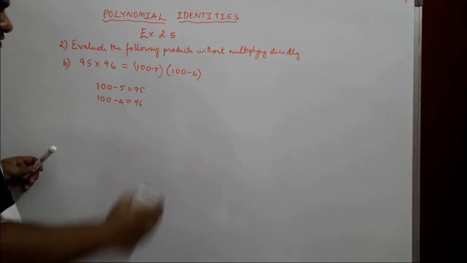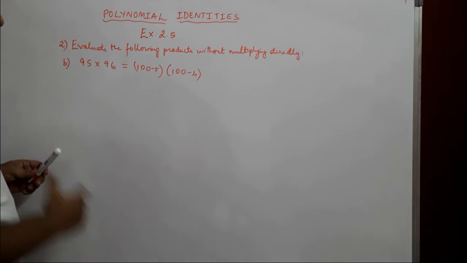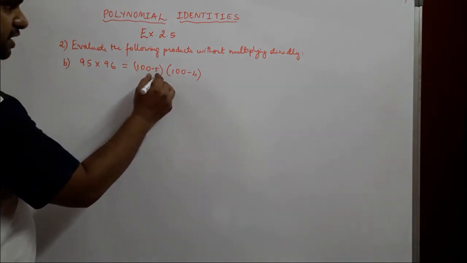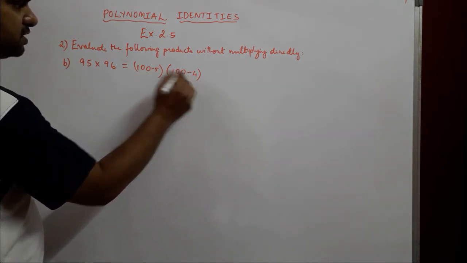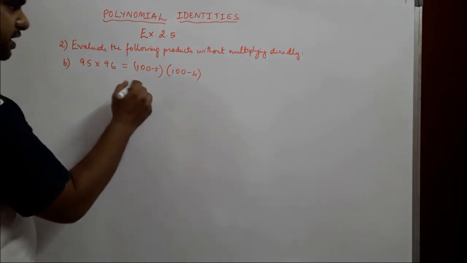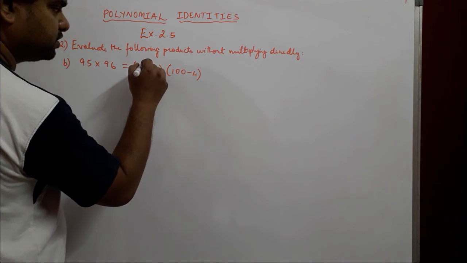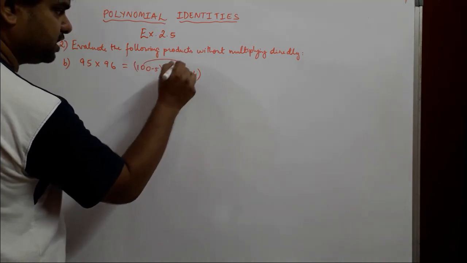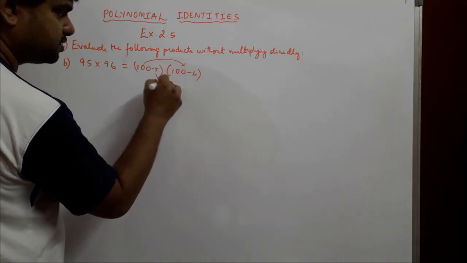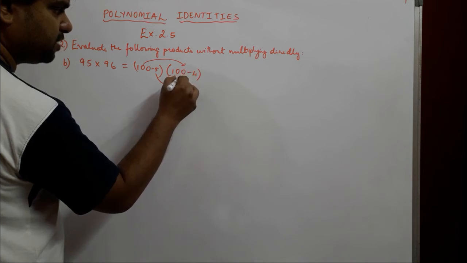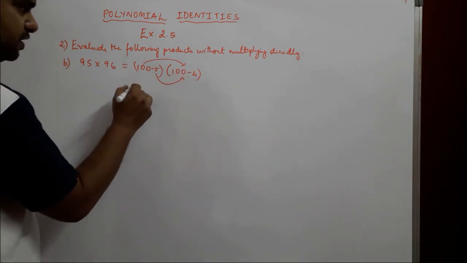Now this is in (x minus a)(x minus b) form. So all we need to do is multiply 100 in this entire bracket and multiply minus 5 into this entire bracket. Let's see what we get.